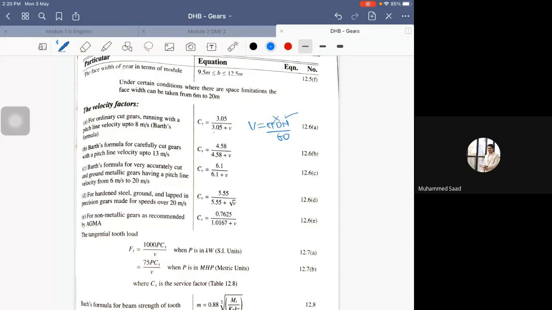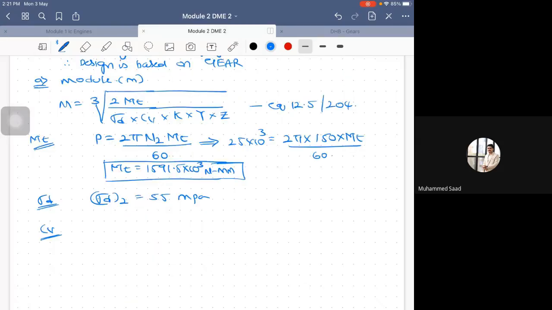So since you cannot calculate the velocity, you cannot calculate the velocity factor, correct? So what you have to do? Assume. Exactly. How much are you going to assume? 0.5. Very good.